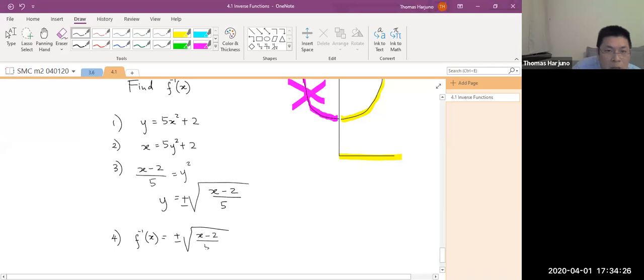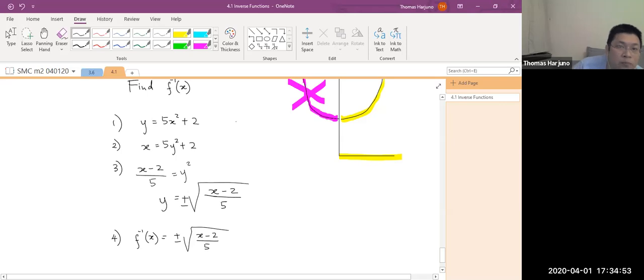But no, that's not a one-to-one function, because for most of those x's, let's say x equals 7, then the y will be 1 and negative 1, right? But it's not supposed to be, because if the function is one-to-one, the inverse function should be one-to-one also.